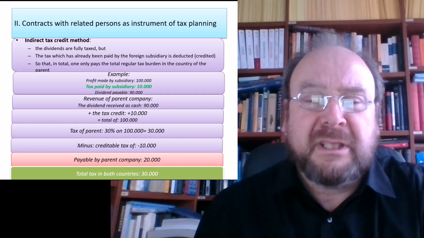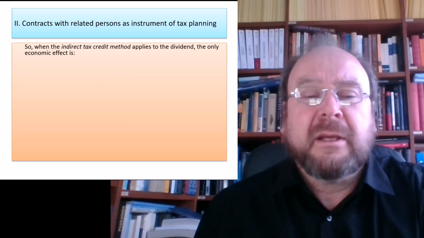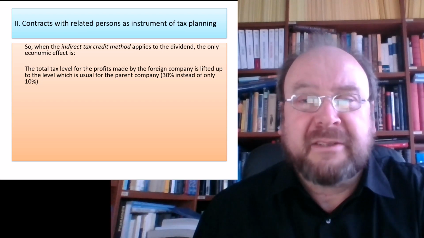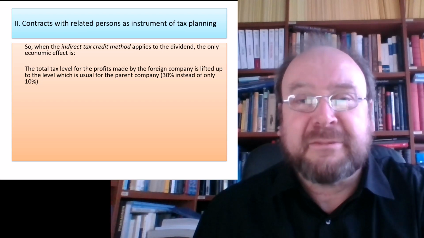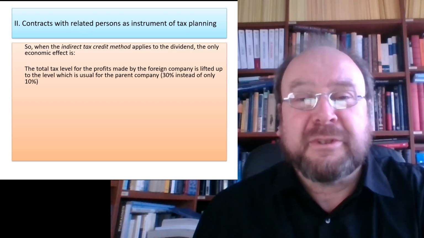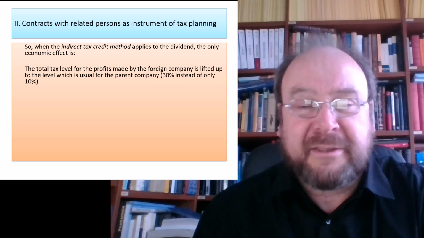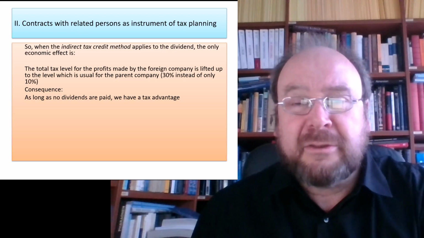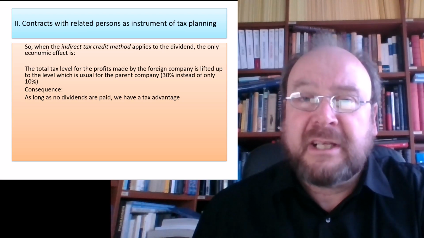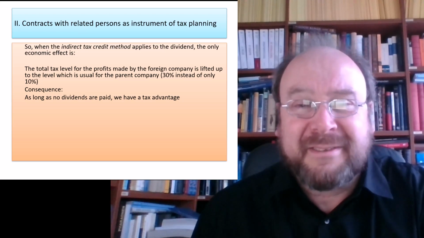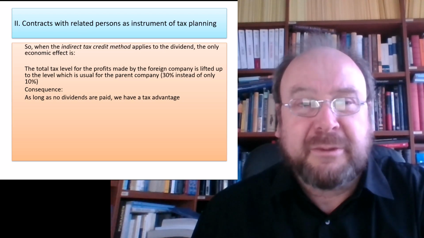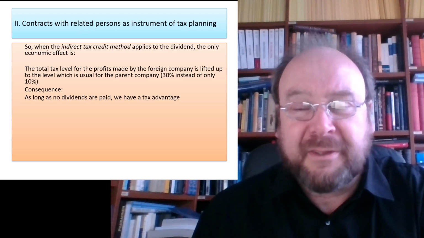That would mean economically the total tax for the profit which you originally made in the subsidiary will later be lifted up to 30%, the same tax rate, tax level, which is customary at the inland. However, for all the time during which no dividends were paid, you have the tax advantage that for all that time, these 20% are not yet payable, so you have a strong liquidity advantage.